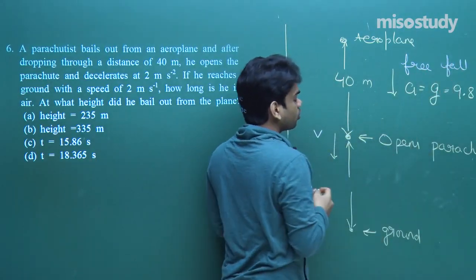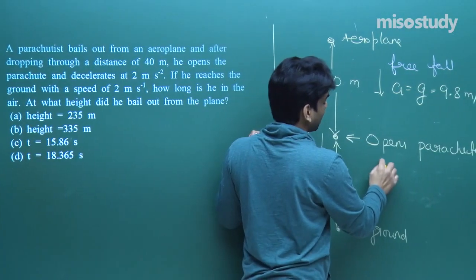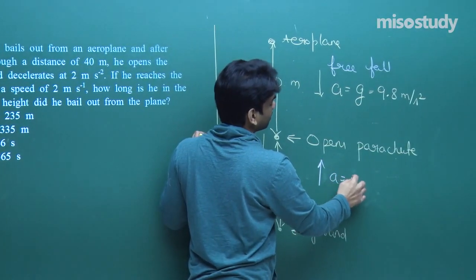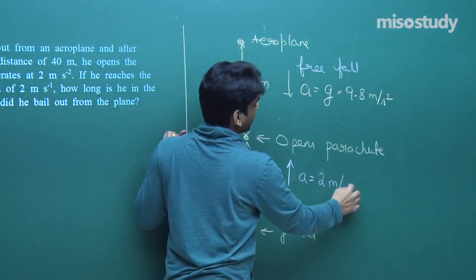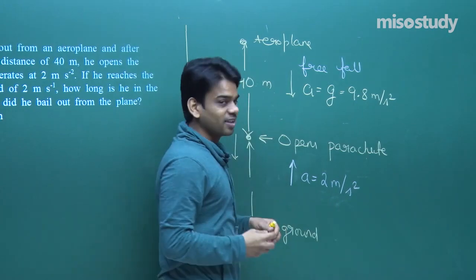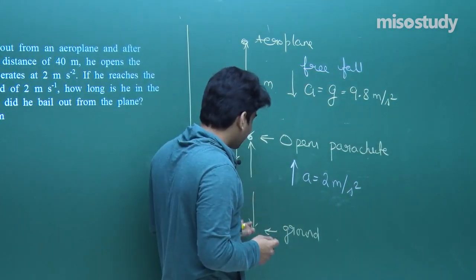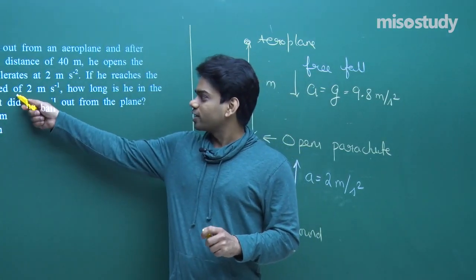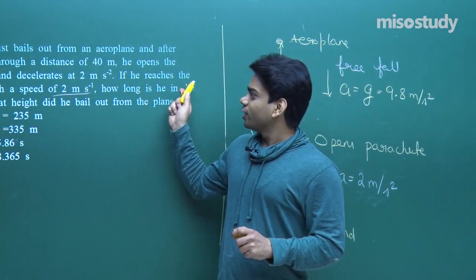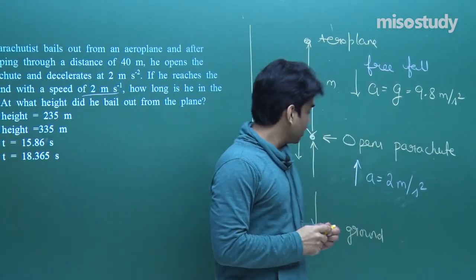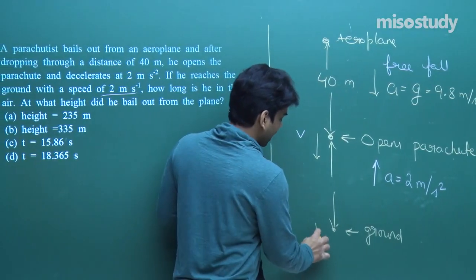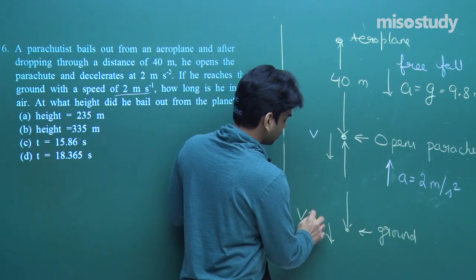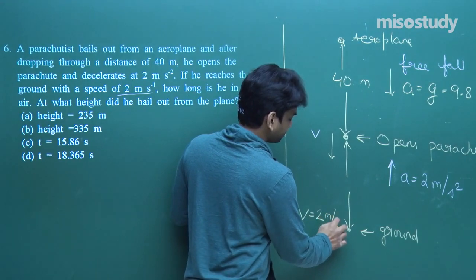And from here he is going to have a deceleration, that means acceleration will be acting in the upward direction and that will be 2 meters per square second. His velocity will start decreasing. As he hits the ground, it's given that his velocity is 2 meters per second. So as he reaches the ground, the velocity will be 2 meters per second.